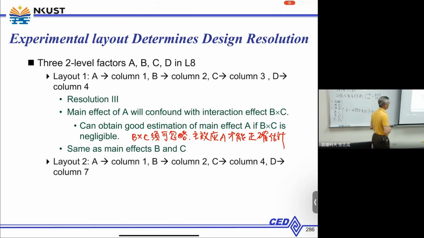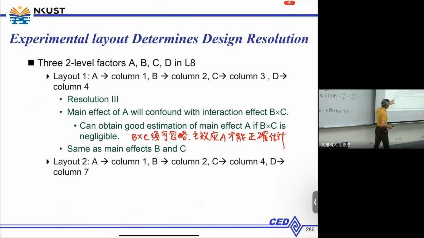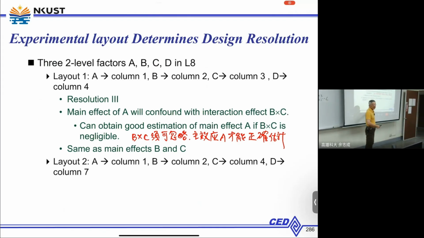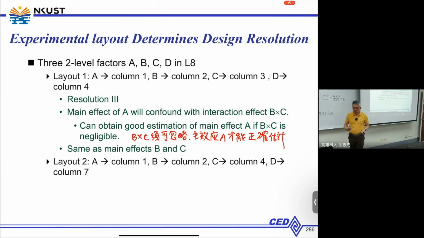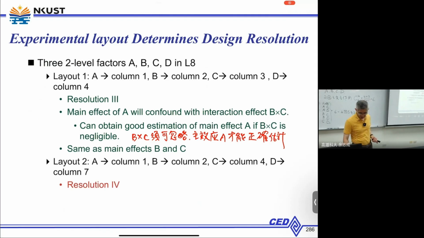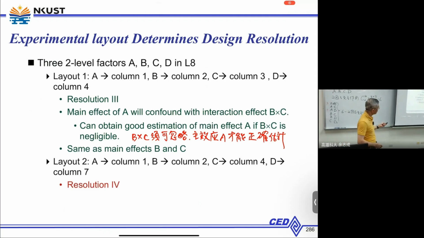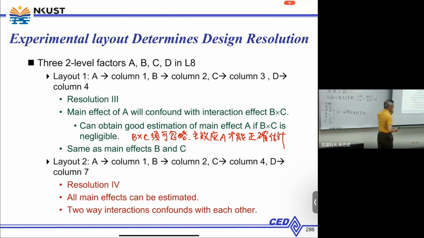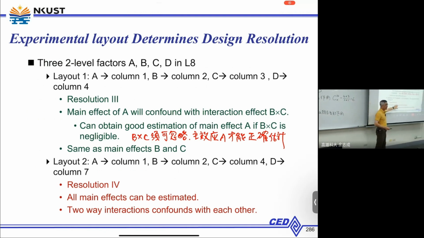All right. Another layout, we put A, B, C, D in columns 1, 2, 4, and 7. This will result in a different confounding structure. We call it resolution 4. And here, all the main effects are independent. They aren't confounded with any other interactions. However, two-way interactions are confounded with each other.